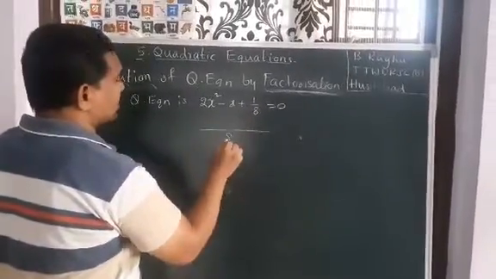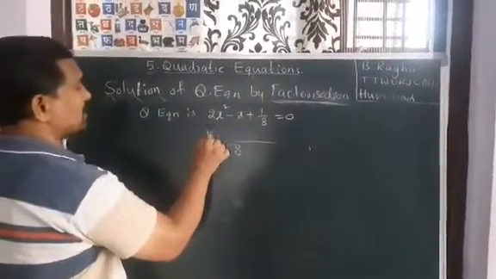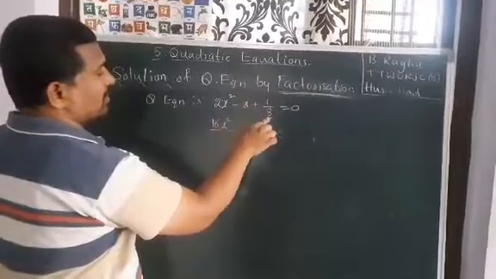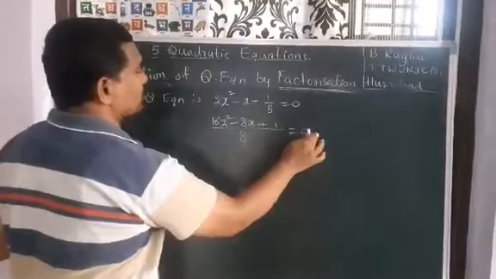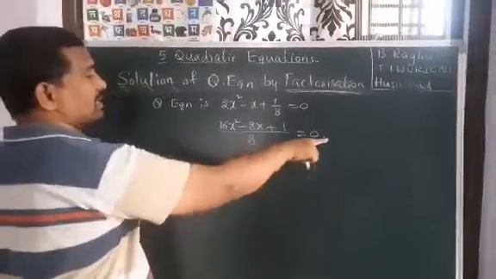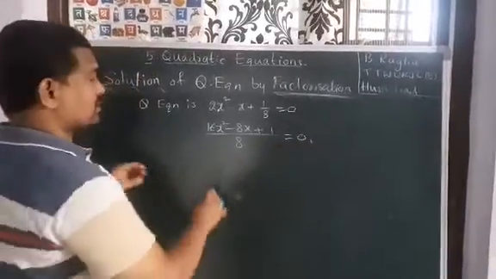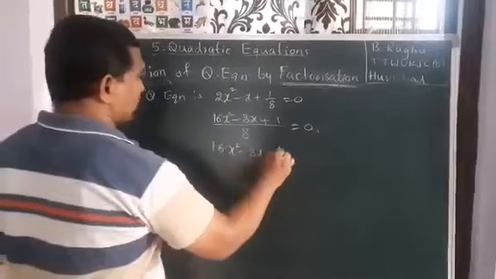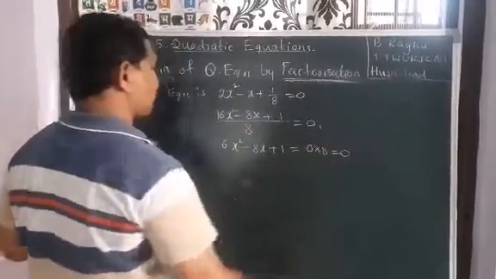Take LCM 8. 8 times 2 is 16. 8 times x means coefficient 1, 1 into 8, 8x, plus 1 equals 0. The denominator goes to the right side and multiplies: 16x square minus 8x plus 1 equals 0 into 8, which is 0.